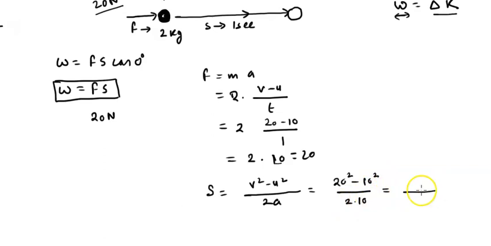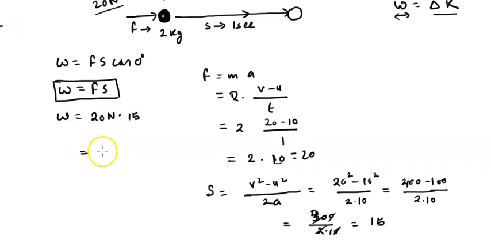Oh, sorry, it will be 400 minus 100 upon 2 into 10. This will come to 300 upon 20, and we can cut this down. So the displacement is coming 15. So the work done will be 20 into 15, which is 300 joule.